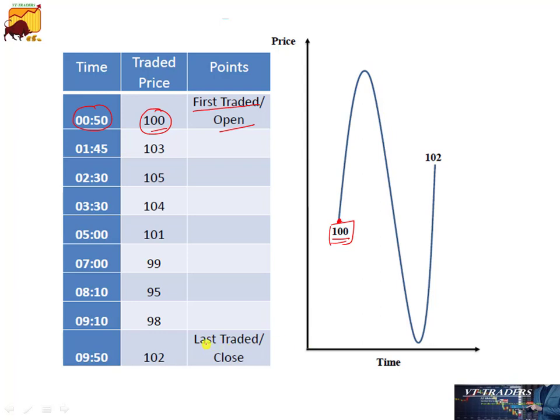The last traded price, that is the close price, at 9 minute 50 second is 102. So how we will form the candlestick with the help of the price versus time chart, we see here.